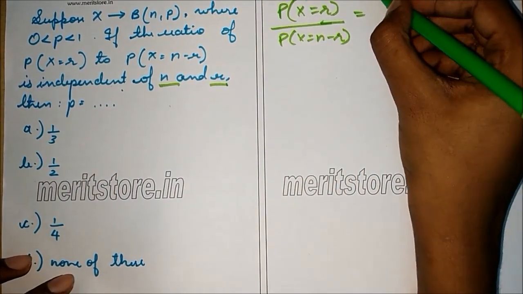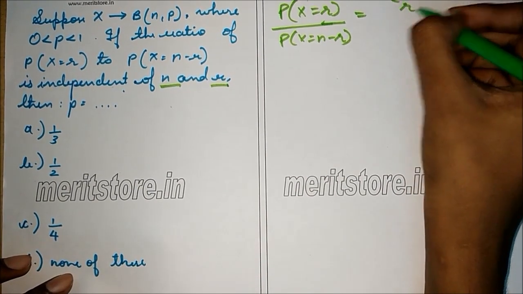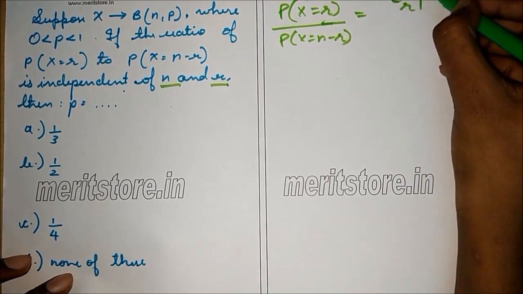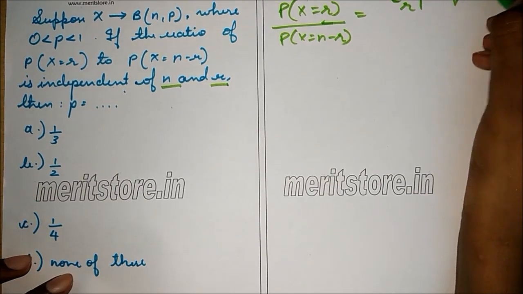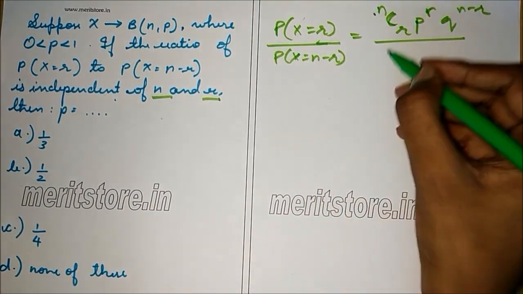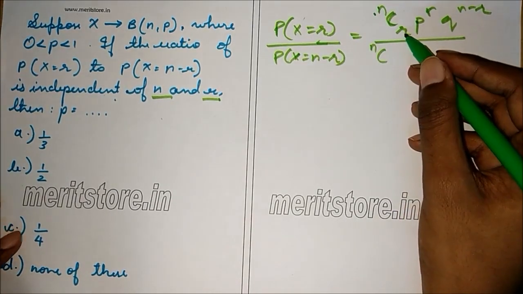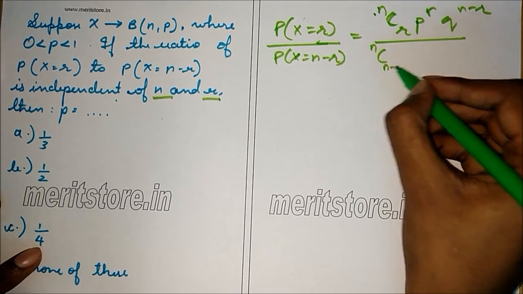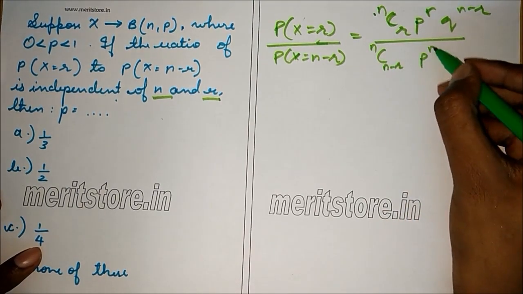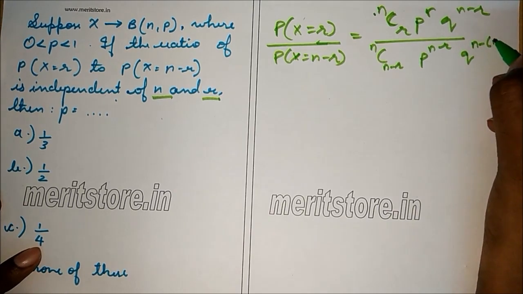So this will be nCr p raised to r q raised to n minus r, standard formula. And P(X = n minus r) will be nC(n minus r), r replaced by n minus r, so nC(n minus r) p raised to n minus r, q raised to n minus (n minus r).